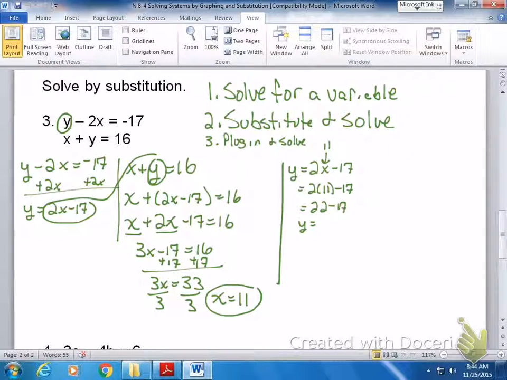If I do 22 minus 17, I found out that y equals 5. So our solution is the point, our x is 11, our y is 5. You can plug those back in to check. If you plugged it into the x plus y equals 16, you'd get 11 plus 5, which is equal to 16. All right, guys, let's go ahead and do one more.